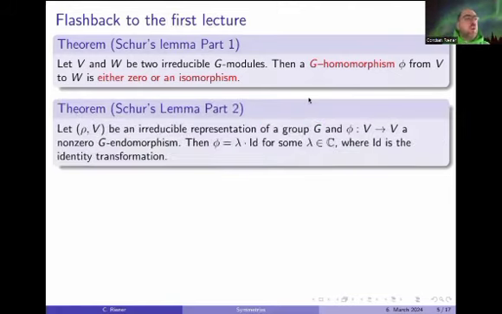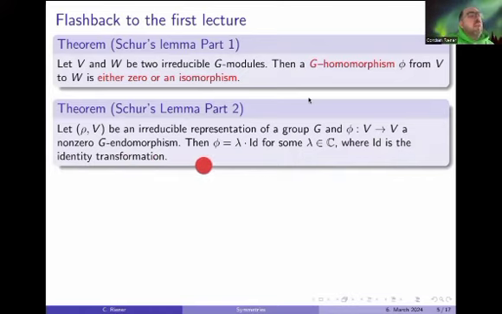The corollary that we had was that we can make this very concrete for endomorphisms. Let's take an irreducible representation V of a group G, and a map from V to V itself that is an endomorphism, so that it still commutes with the group.